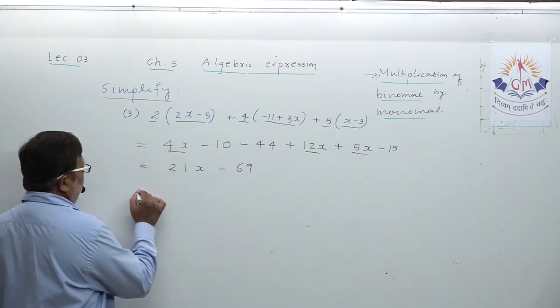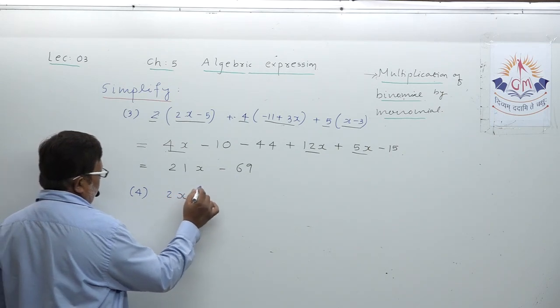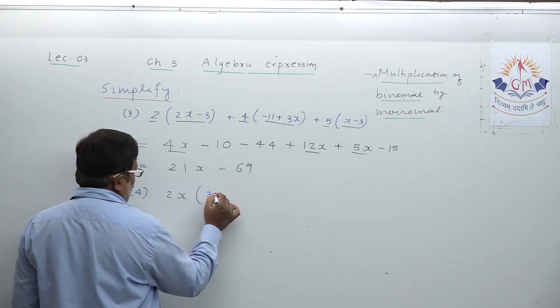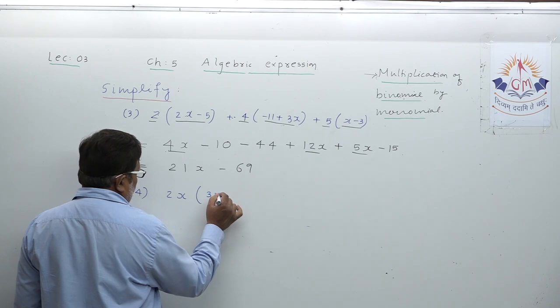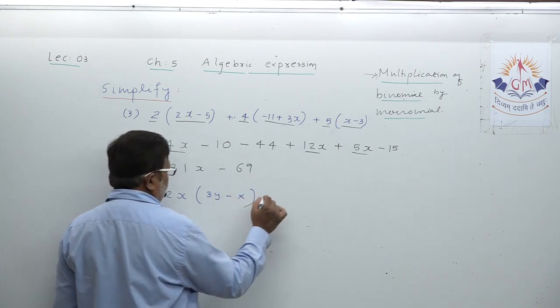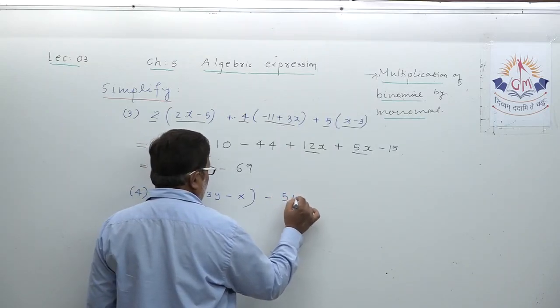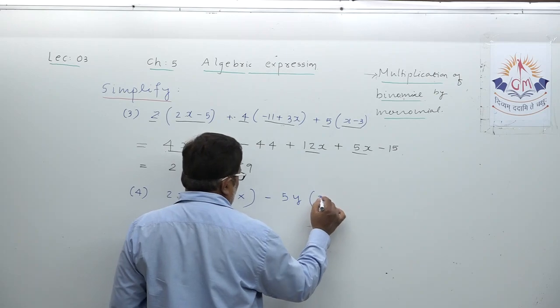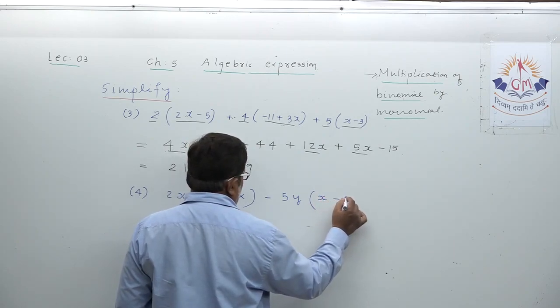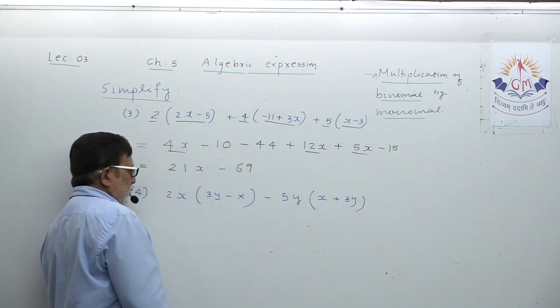Let us take one more also. 2x, okay, 3y minus x, minus 5y, x minus 3y plus 3y, okay.